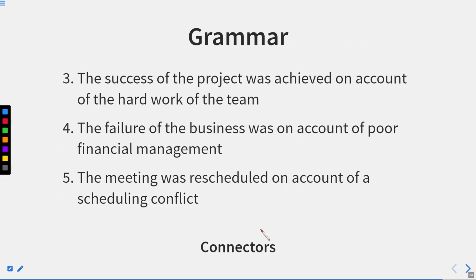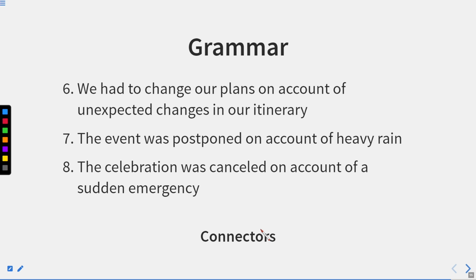The success of the project was achieved on account of the hard work of the team. The failure of the business was on account of poor financial management. The meeting was rescheduled on account of a scheduling conflict. We had to change our plans on account of unexpected changes in our itinerary. The event was postponed on account of heavy rain.